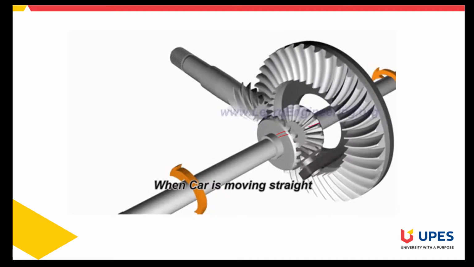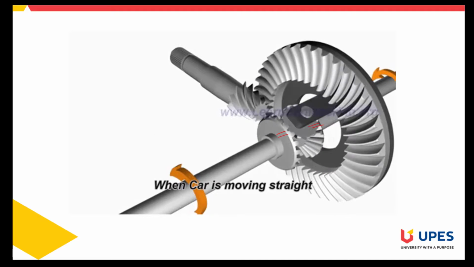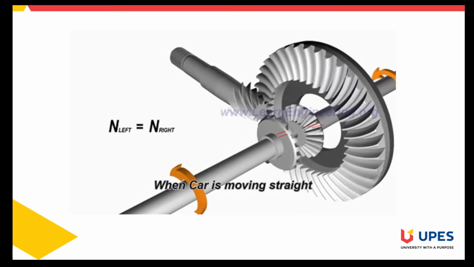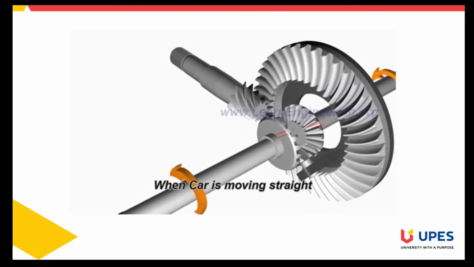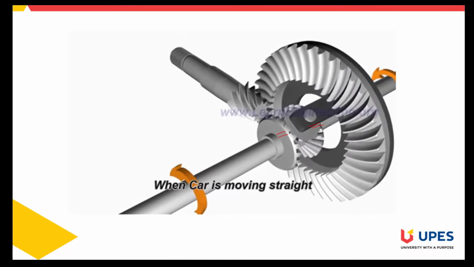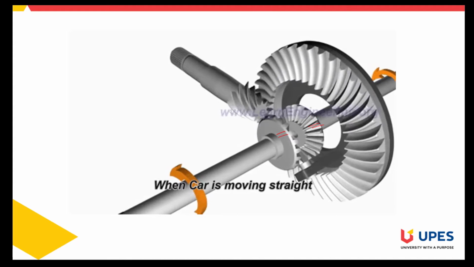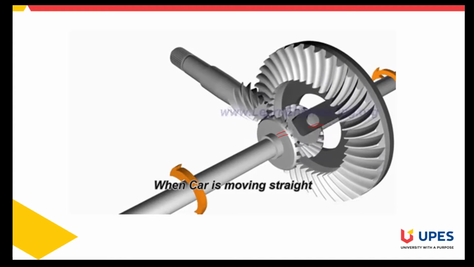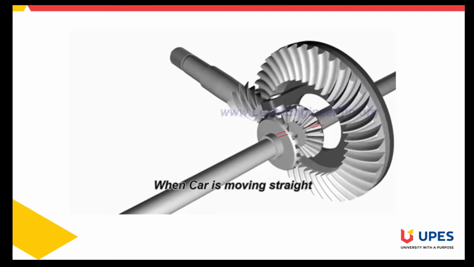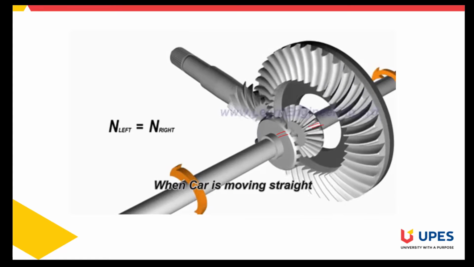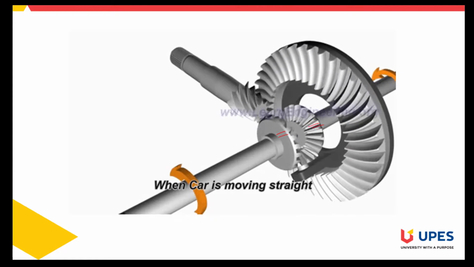When it starts rotating about its own axis, then a differential velocity comes at these gears. So these gears will start rotating at different speeds, and then you can see the wheel at the other end. When the vehicle is taking a turn, the outer wheel will move faster as compared to the inner wheel, because the inner wheel is closer to the radius of curvature. Therefore, it needs to cover less distance, and the outer wheel has to cover a larger distance.